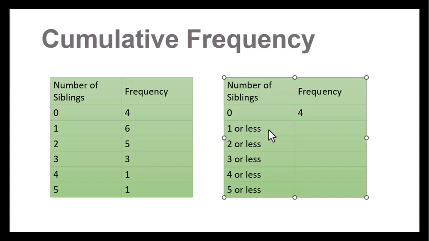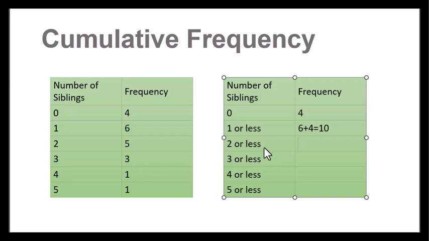And then in the next row, instead of just having the number of people with 1 sibling, I have the number of people with 1 or fewer, or 1 or less. In this case, that would be the numbers 6 and 4 added together, or 10. In the next row, I have 2 or fewer siblings.